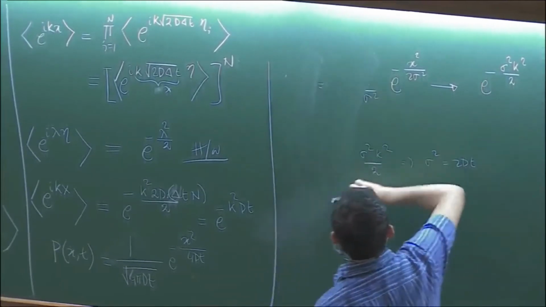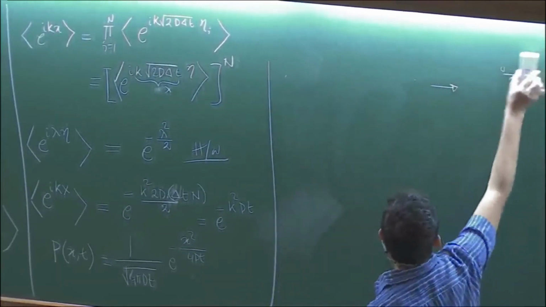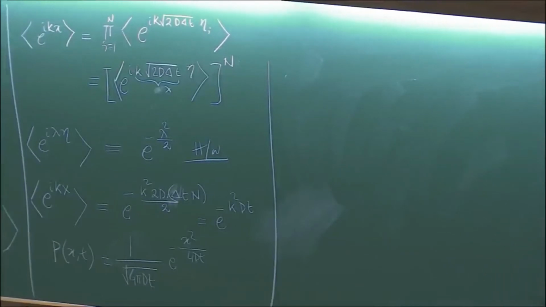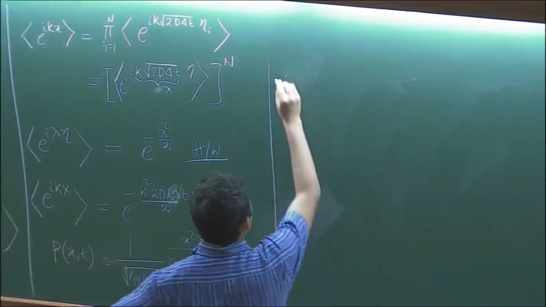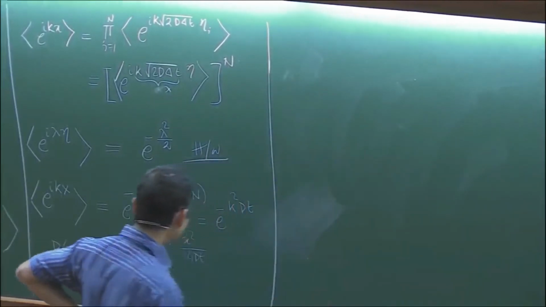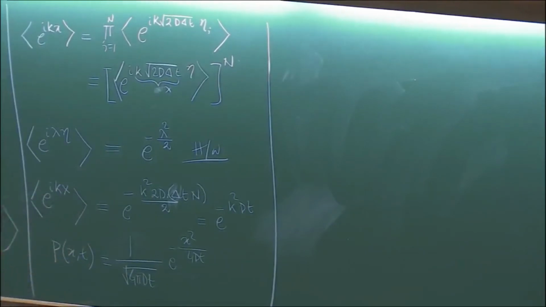Now, in this calculation we have also found a very nice property. What we have proven is that if you take a sum of random variables, and each variable is distributed according to a Gaussian distribution, then the sum is exactly Gaussian.